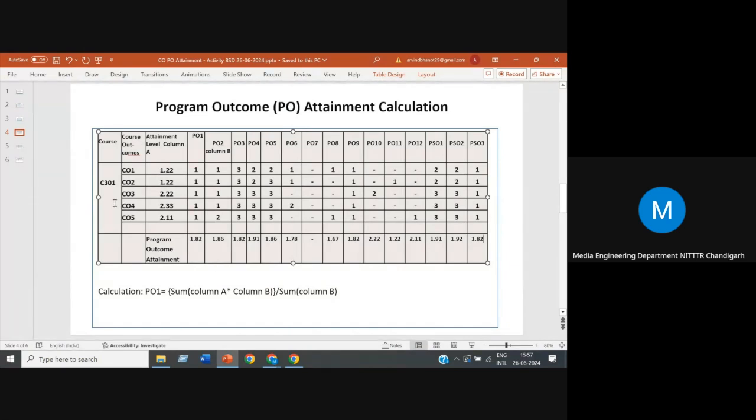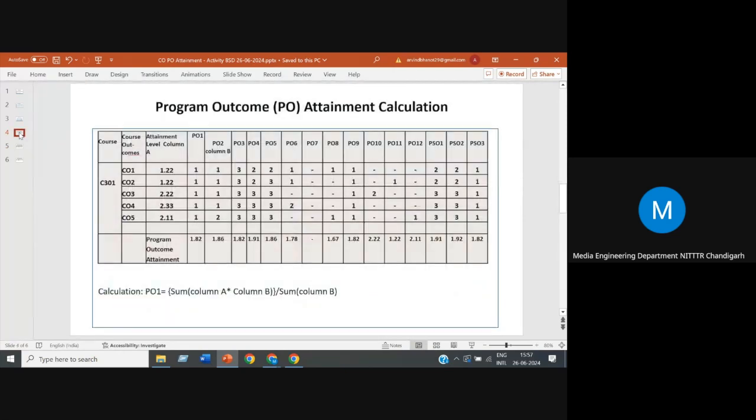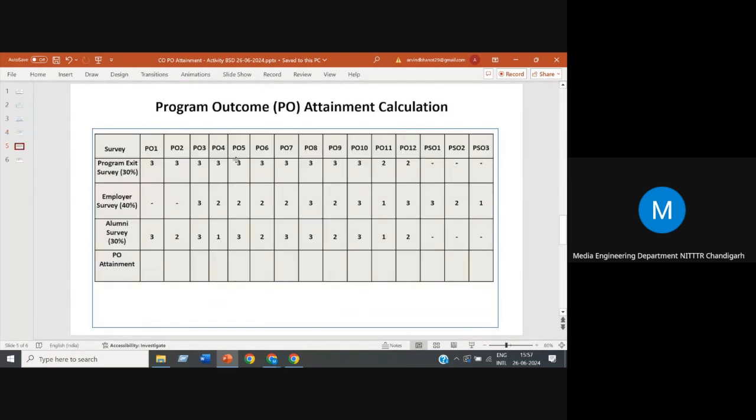Okay, so once you are done with this, now let's move further. So this we have calculated the PO attainment using the direct methods, right? So now PO attainment calculation using the indirect method. So in the indirect methods, we have these surveys, and from survey responses, I have entered these calculations.